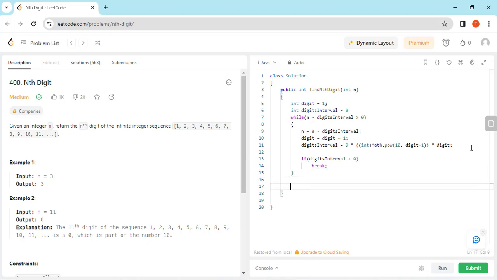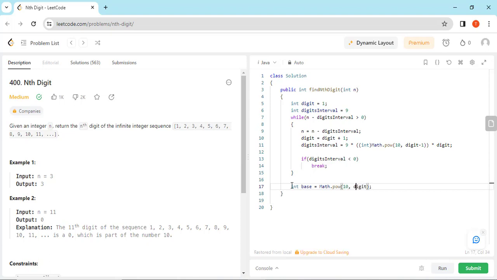Okay. Once after breaking the loop, what should I do? I have to find the exact number. So we have to find the base value. So before num, I have to find the base. So int base equal to math dot pow 10 comma digit.